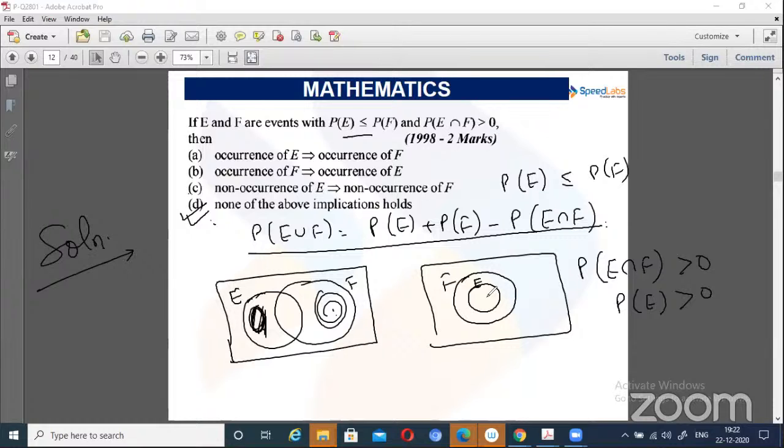And then we can say that occurrence of E means F has also occurred. Okay, this is a case, I don't know, it could be, but is it confirmed? No. Such a case can also be made where E and F are separate, they have something in common, and only E can occur, only F can occur, and both can also occur. So the answer is D here.